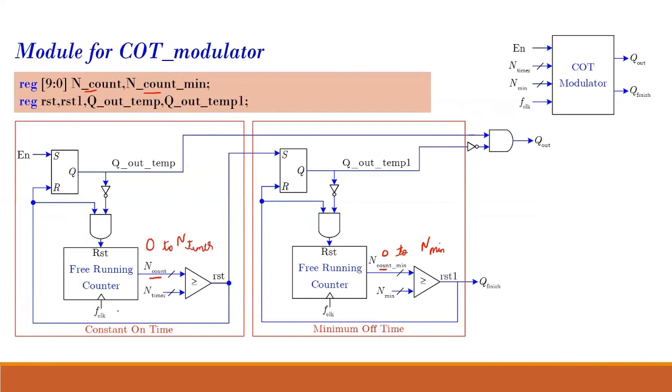That is implemented at a frequency of f clock, and it also depends on reset. If reset is high, then it will not increment, but if reset is 0, low, then it will increment. These are the conditions which I've put, and those conditions are written in the code. So this is just a block diagram for you to understand the code, but the code is implemented based on those conditions.